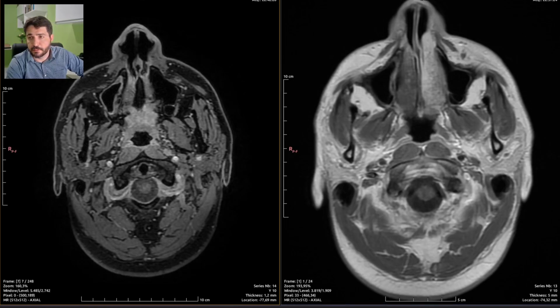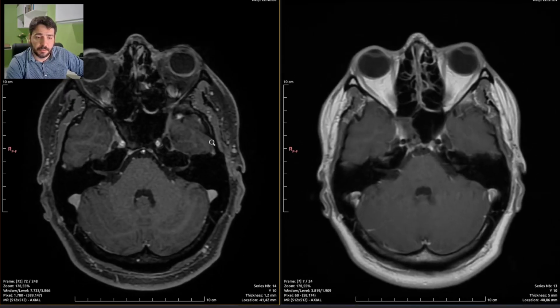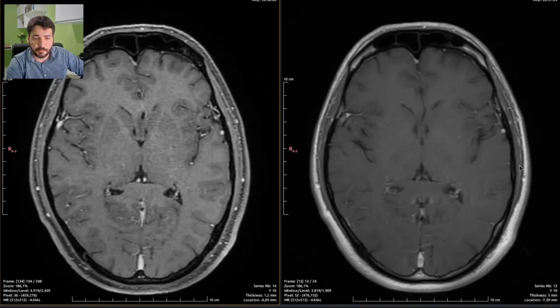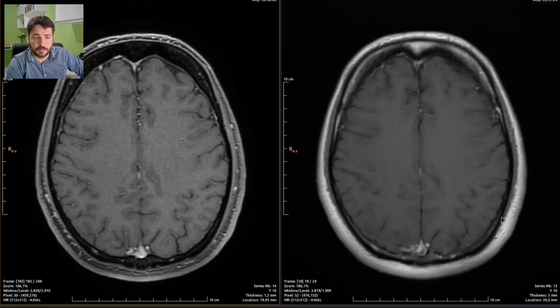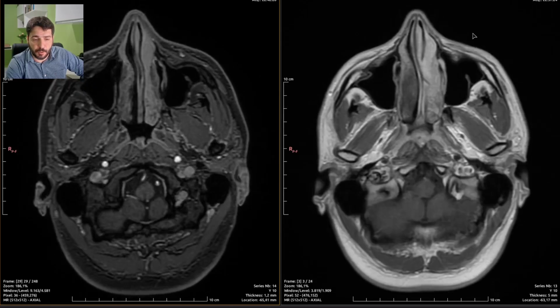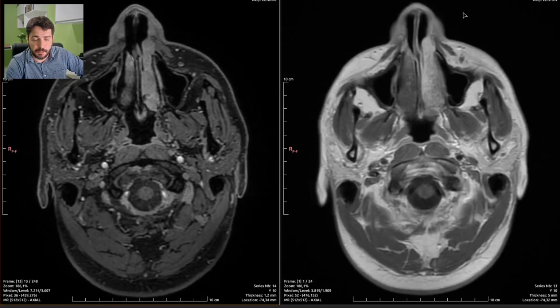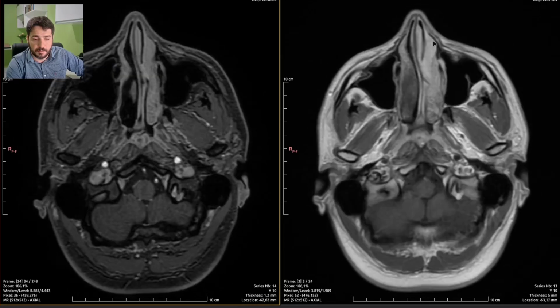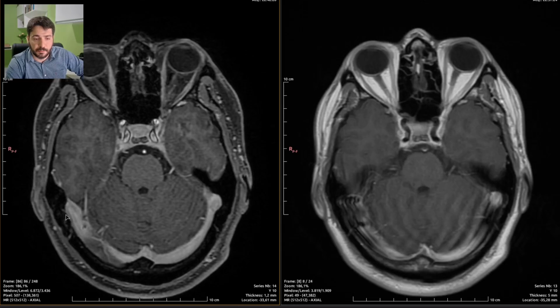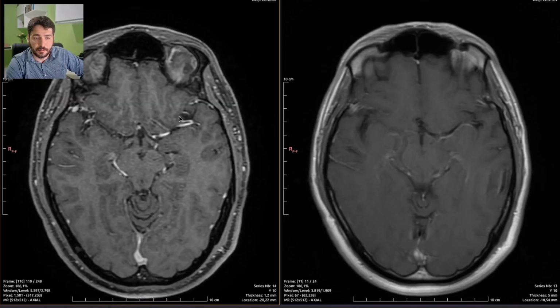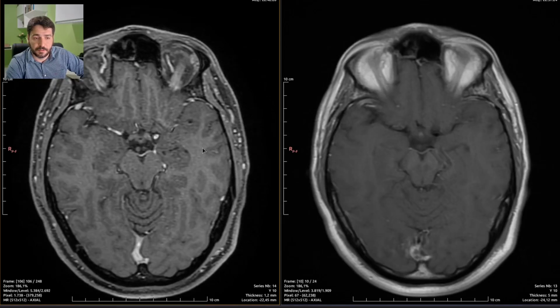There is also a volumetric gradient echo axial 3D post-contrast acquisition sequence. This is much more noisy, but it's a volumetric sequence, so it's cool, especially for vascular diseases.